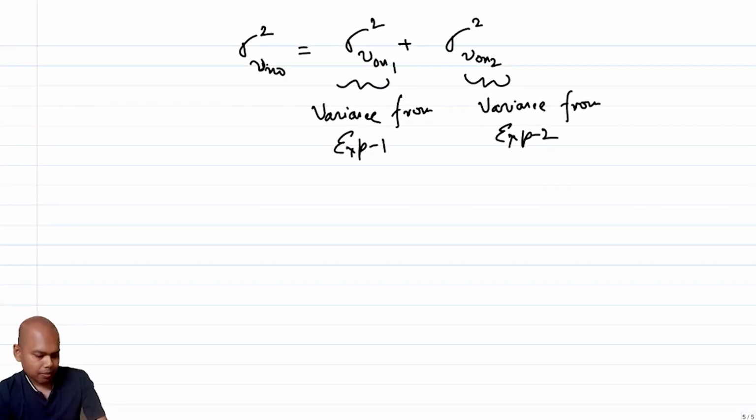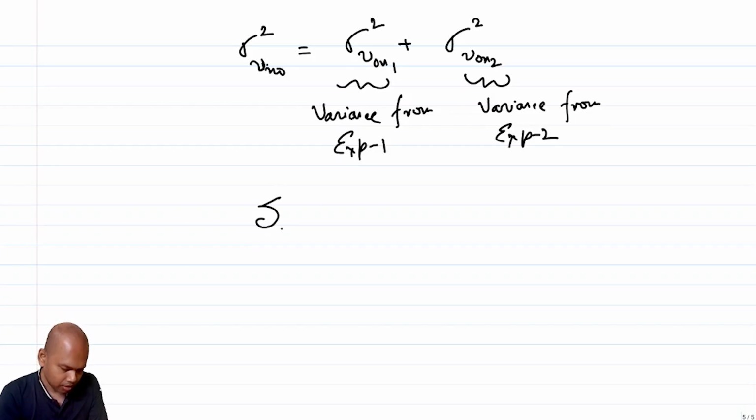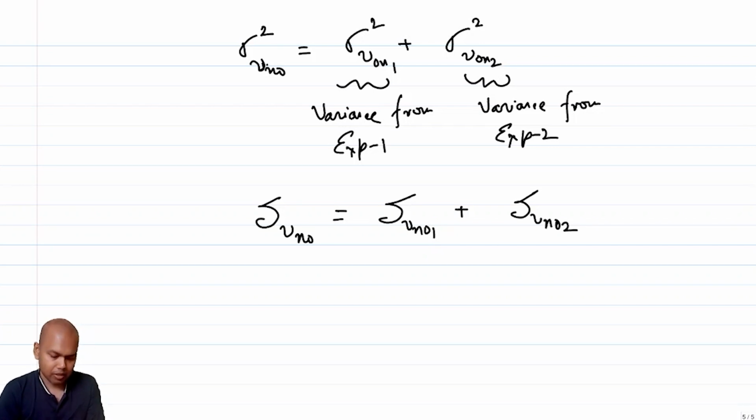But there is another thing that would essentially ease our analysis. Let me formalize this first. This is telling us that if I go into the power spectral density domain, then SVNO is essentially SVNO from noise source 1 plus SVNO from noise source 2.